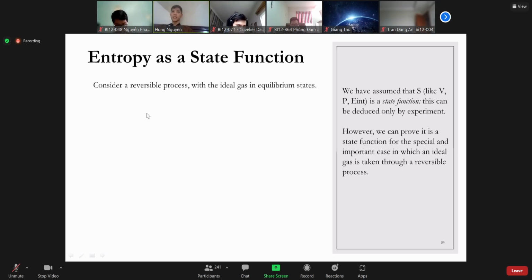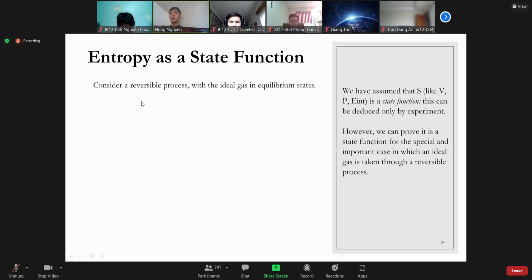Now, we just said that the entropy is a state function. And I also said that it can only be deduced by experiments. However, we can prove that it is really a state function for an important special case in which an ideal gas is taken through a reversible process.